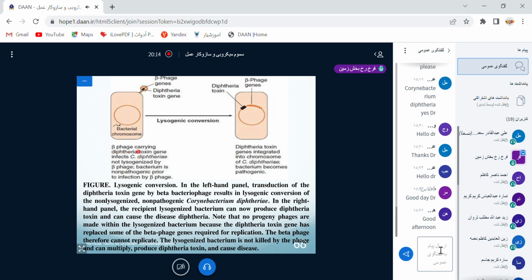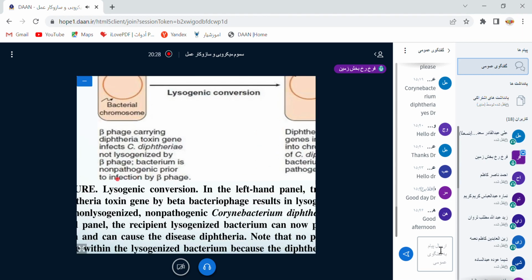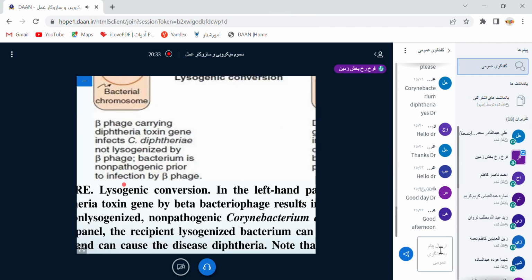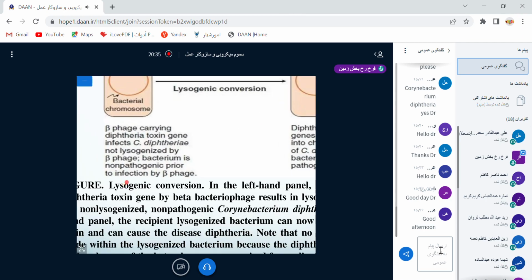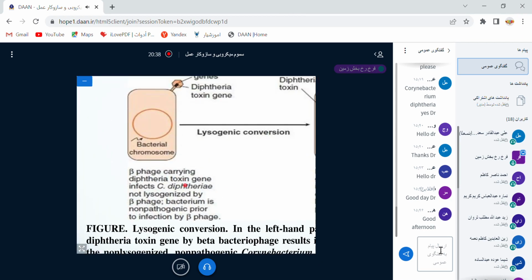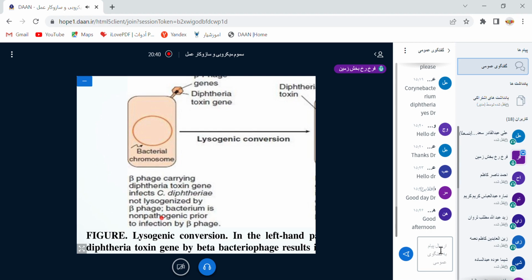Beta phage carrying the diphtheria toxin gene infects Corynebacterium diphtheriae not lysogenized by beta phage. The bacterium is non-pathogenic prior to infection by beta phage. So if there is no beta phage, there is no disease, there are no symptoms. The immune system kills this bacterium.